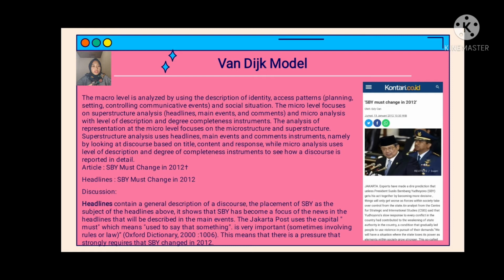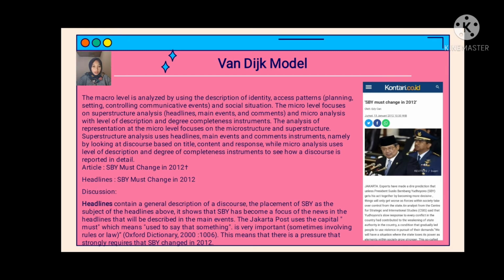Superstructure analysis uses headlines, main events, and comments as instruments, namely by looking at the discourse based on title, content, and response, while micro-analysis uses the level of description and degree of completeness instrument to see how a discourse is reported in detail. So, as we know, Van Dijk wants to analyze the content or the context in a text as detailed as possible.